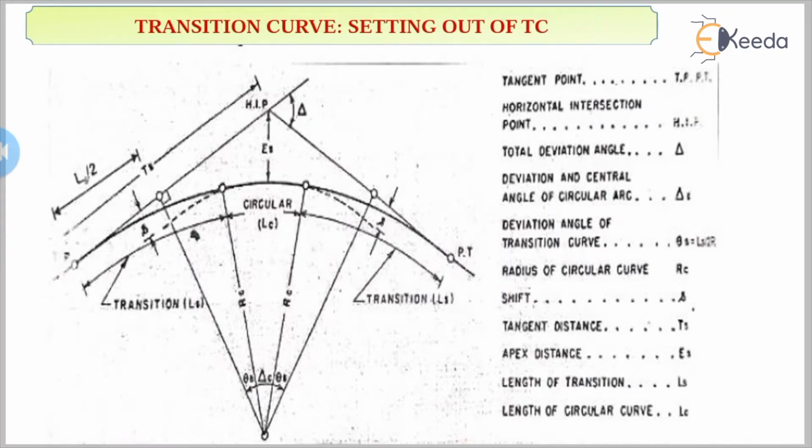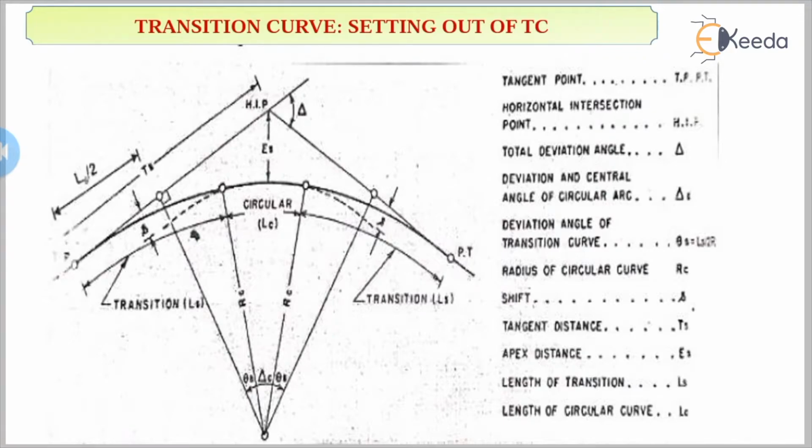So here, as you can see, that is the shift of the transition curve. That is, if we extend a circular curve to some extent, then the distance or the difference between the tangent, that is TP, and the extended circular curve is the shift of the transition curve. And the TS, you can see, is the tangent distance, and here delta is the total deflection angle.